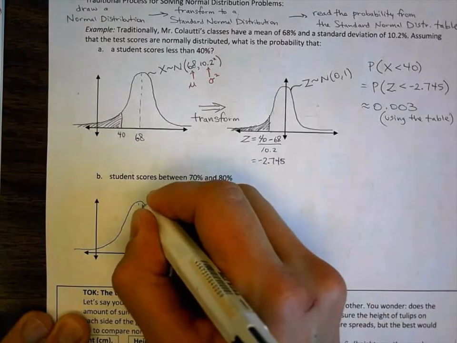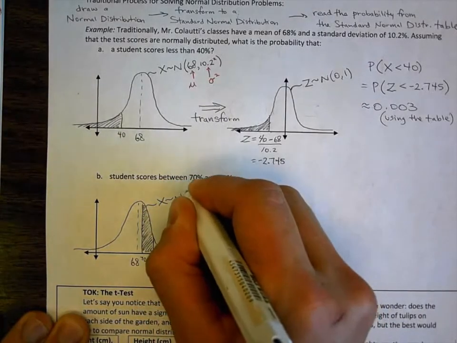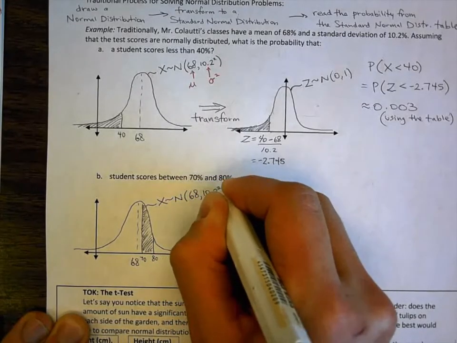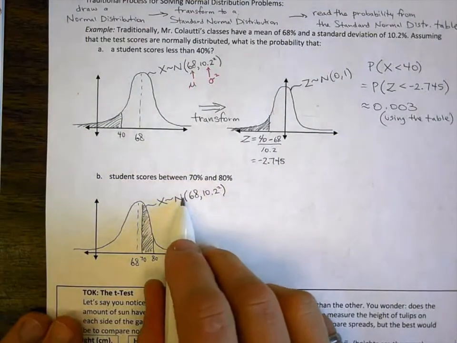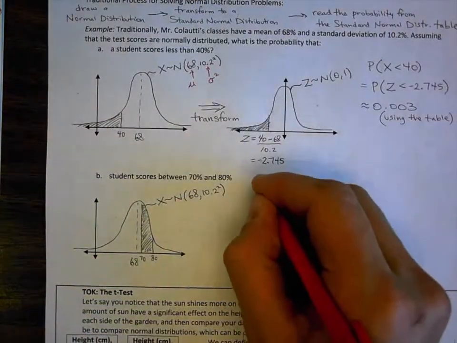This curve is a random variable x following a normal distribution with parameters 68 and 10.2 squared. It's a good idea to write that line out. That's worth a method mark if you make a mistake. Just going to make a note.